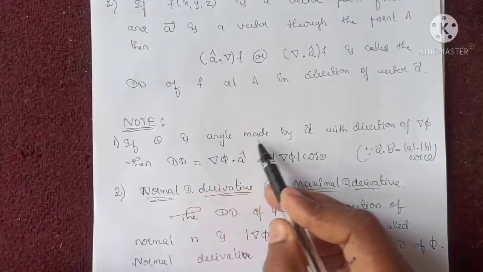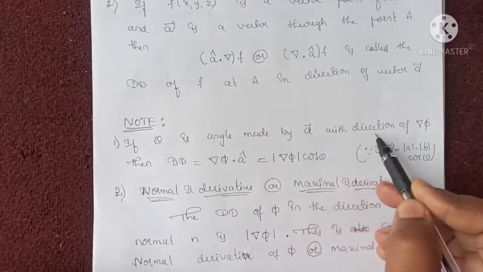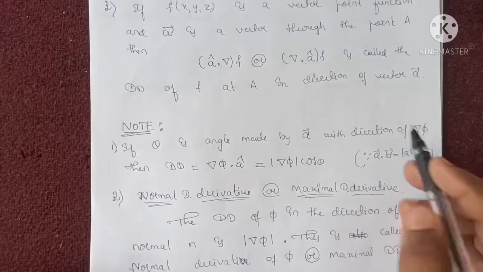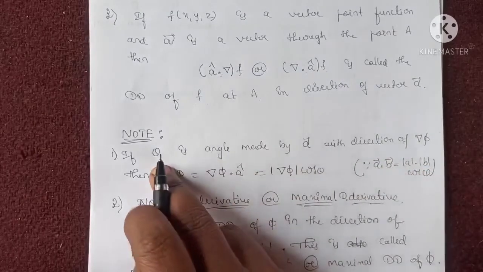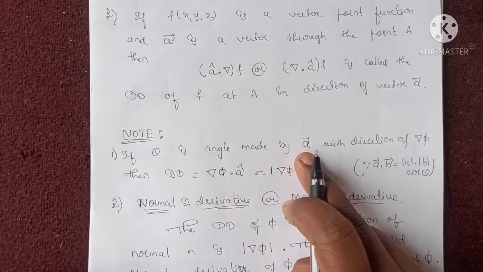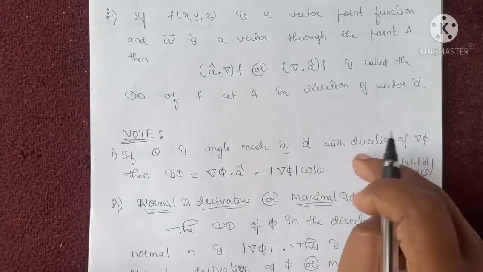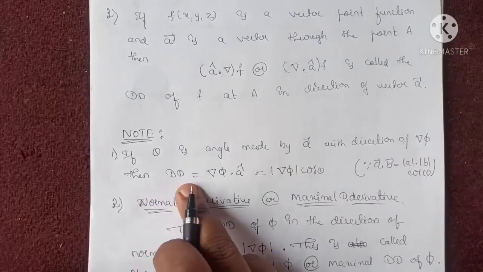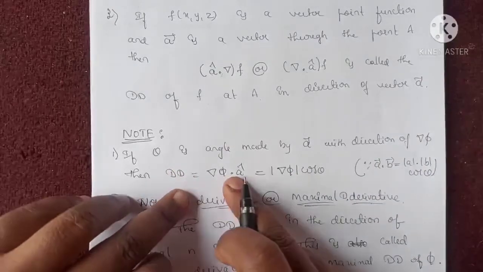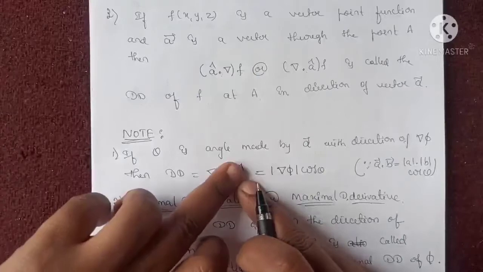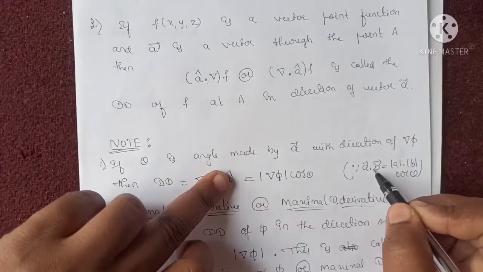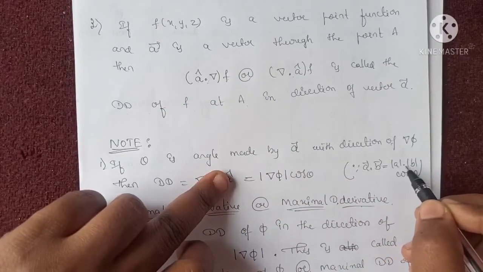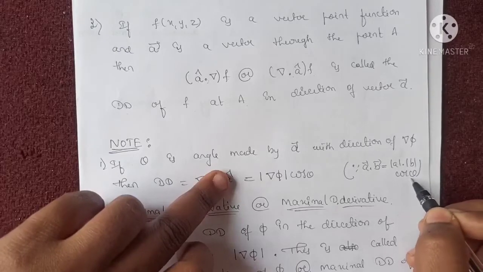If theta is the angle made by vector a with the direction of del phi, that is the angle between the given vector a and the gradient of phi, then the directional derivative is given by del phi dot a cap, because we know that a dot b equals mod a into mod b into cos theta.